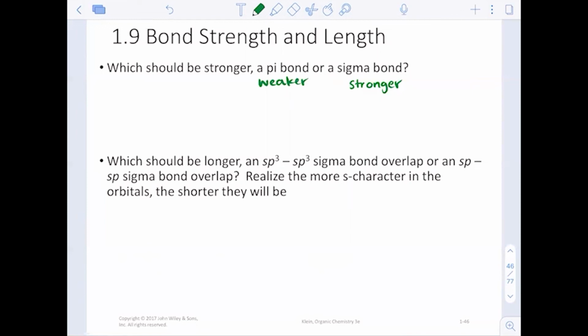Now, when we think about which one should be longer, the sp3 sigma bond or the sp sigma bond, the more S character, the shorter the actual orbital is itself. And so the sp3 to sp3 is a longer bond, because that orbital is actually longer, less S character, less like a sphere.